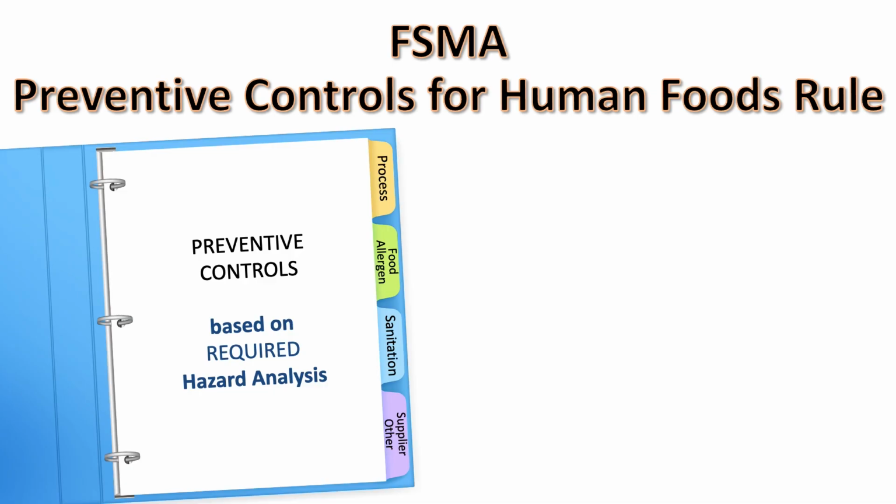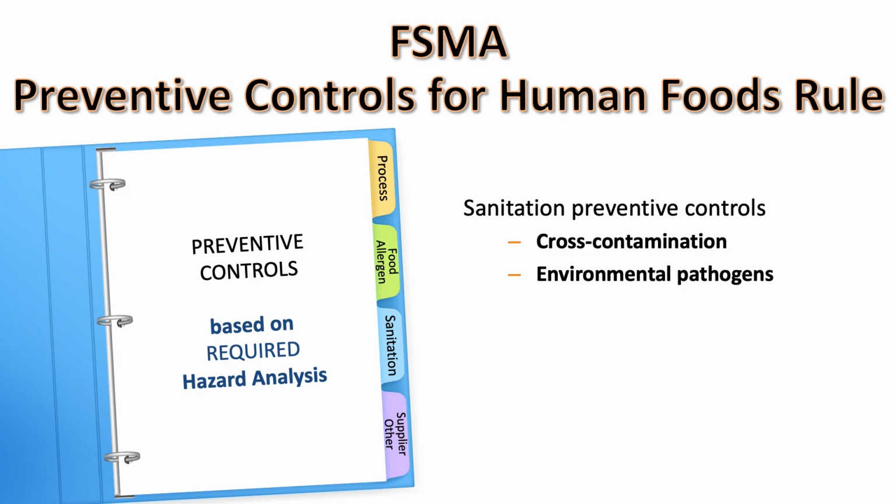For known or reasonably foreseeable hazards, you will need to establish preventive controls. Sanitation preventive controls are designed to reduce or prevent cross-contamination of finished product with biological hazards and prevent the establishment of environmental pathogens in your facility. In some cases, that will require establishment of a PEMP.